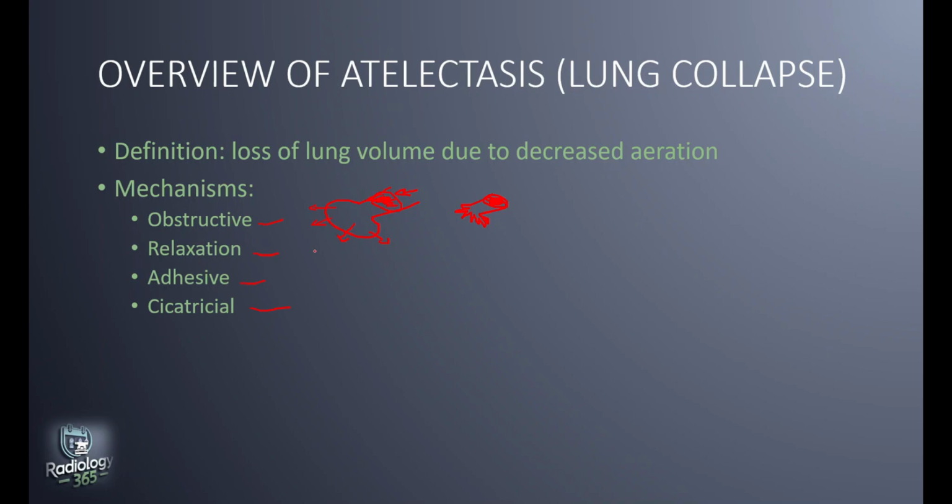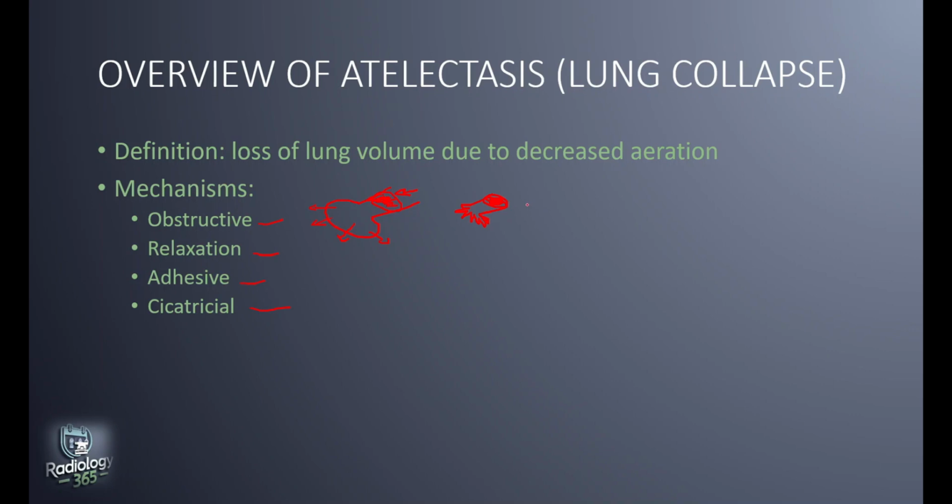atelectasis. Then with regards to relaxation atelectasis, it's atelectasis that's caused by a relaxation of lung adjacent to an intrathoracic lesion that's causing mass effects, such as maybe a pleural effusion or a pleural based lesion, a pneumothorax, pulmonary mass.